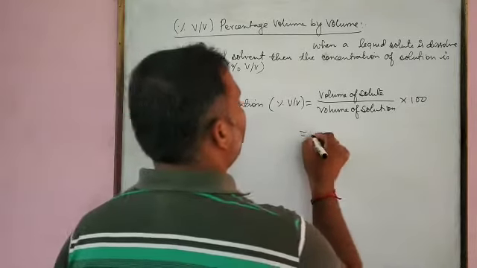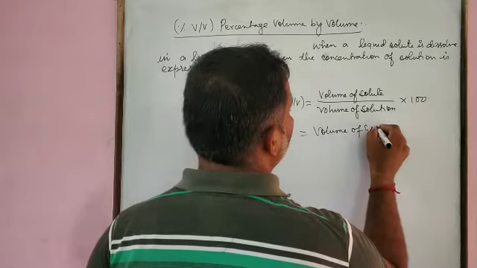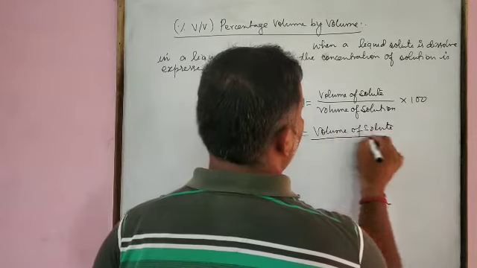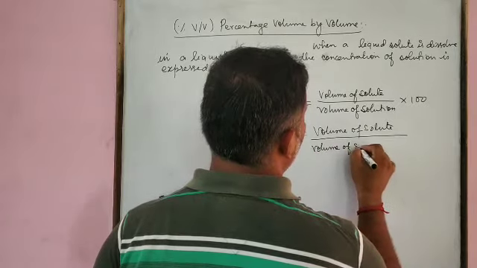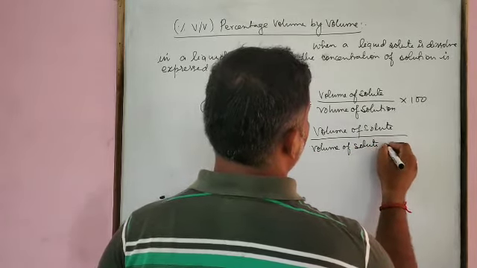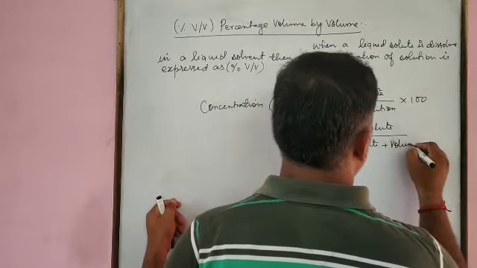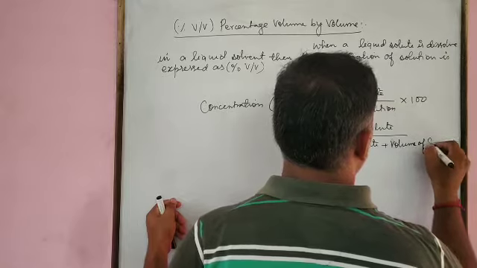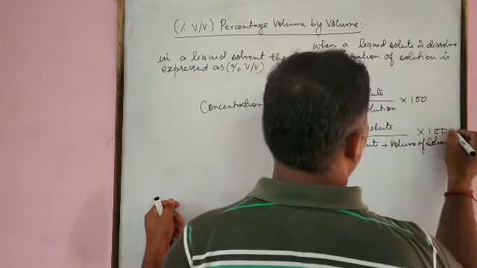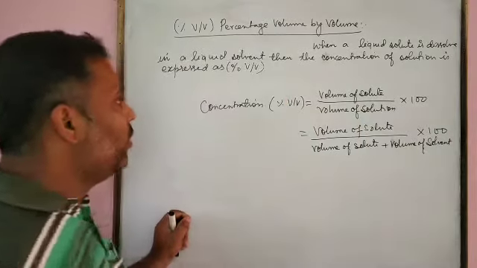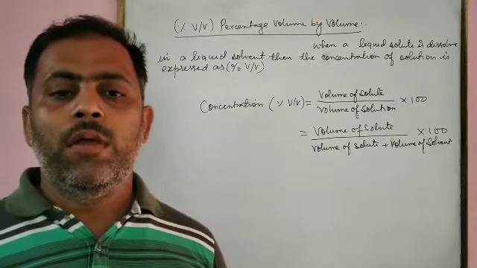So we have the volume of solute divided by the volume of solute plus the volume of solvent, multiplied by 100. This is what we mean by percentage V by V.